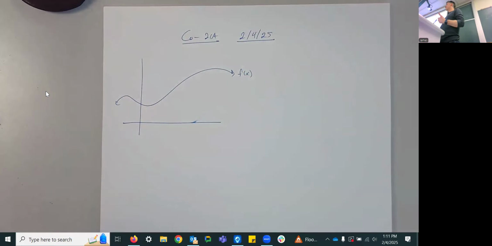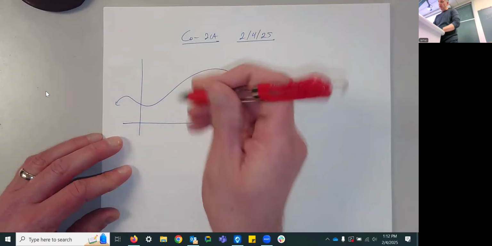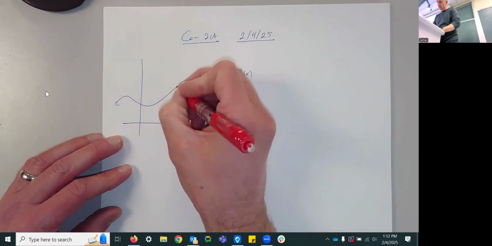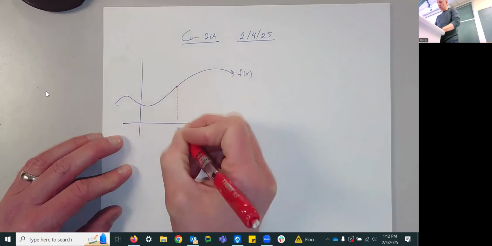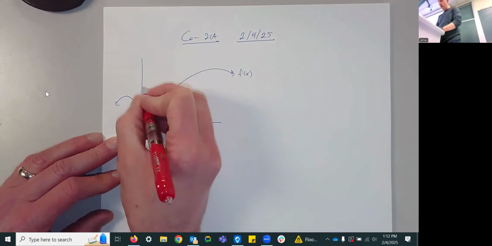And the idea is that we'd really like to find the derivative of this function, also known as the rate of change of this function, also known as the slope of the tangent line of this function at a particular point. Let's use some different colors here. Let's say it's right about here. Let's call that A, and let's call the y value f of A.